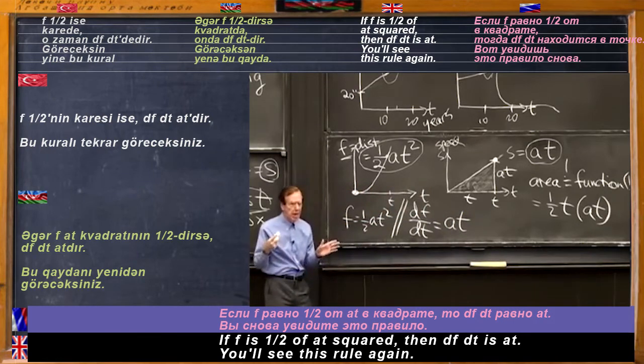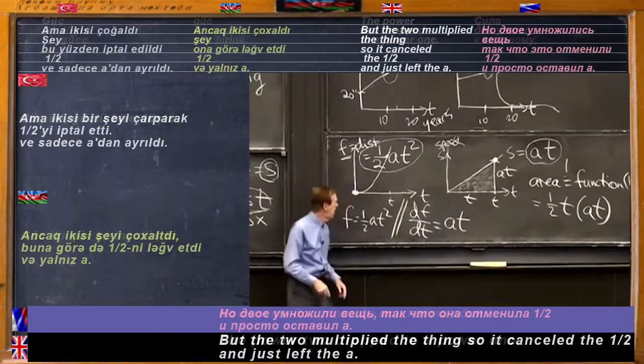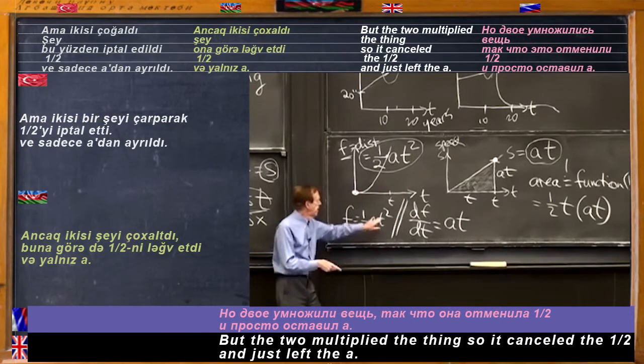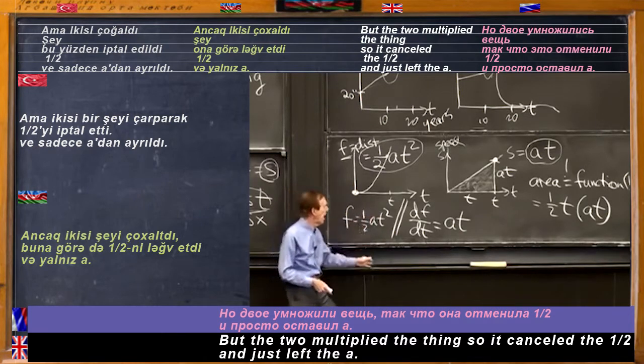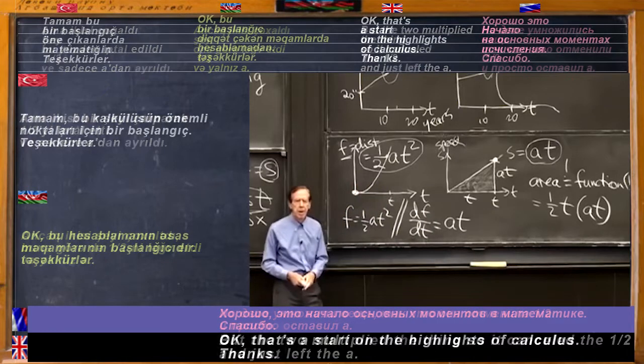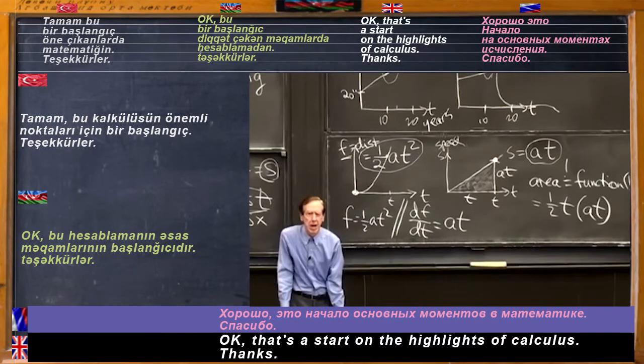You'll see this rule again. The power 2 dropped to a power 1, but that 2 multiplied the thing, so it canceled the half and just left the a. Okay, that's a start on the highlights of calculus.